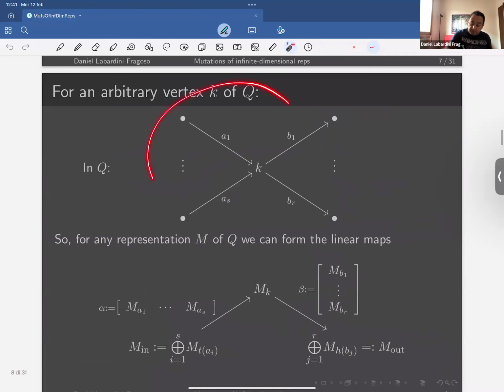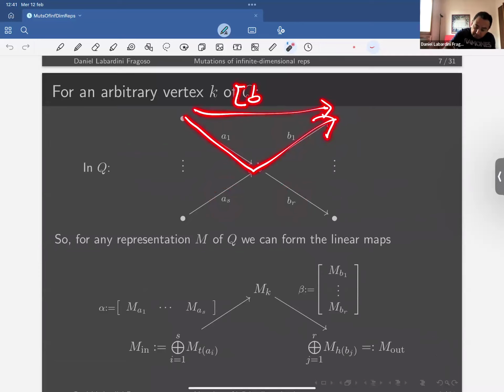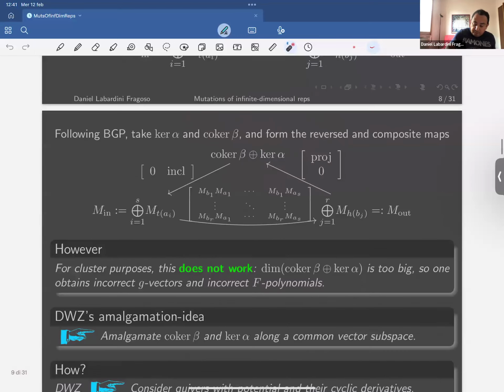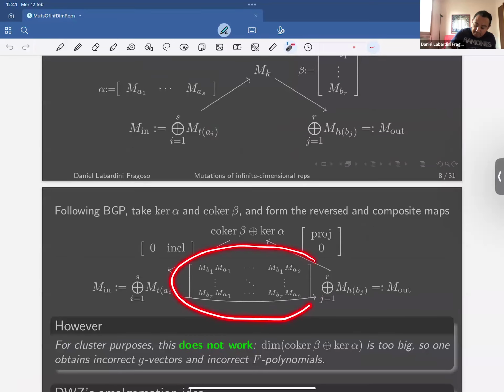Because if one has a representation of this, one has all these linear maps, and then to the corresponding composite arrow, let's say in this case B1A1, one can of course just associate the composition of those two linear maps. So one has this matrix that represents all the linear maps attached to the composite arrows.